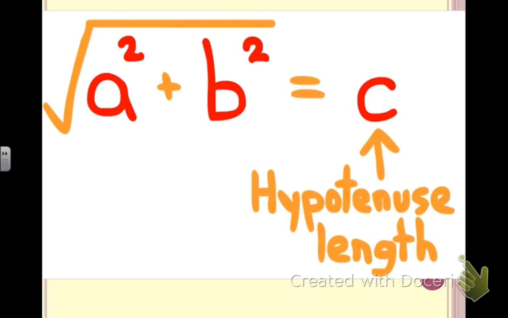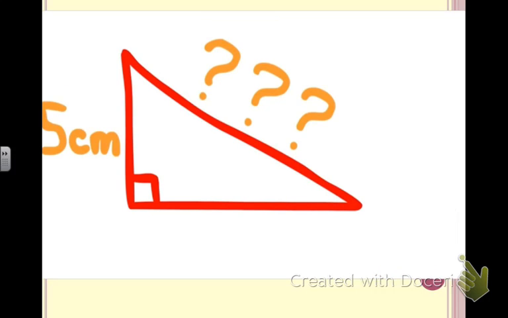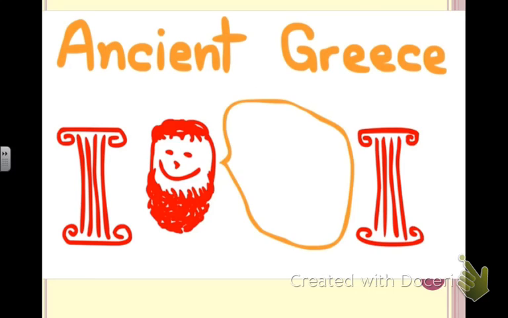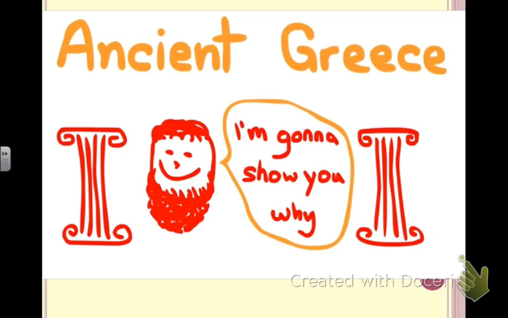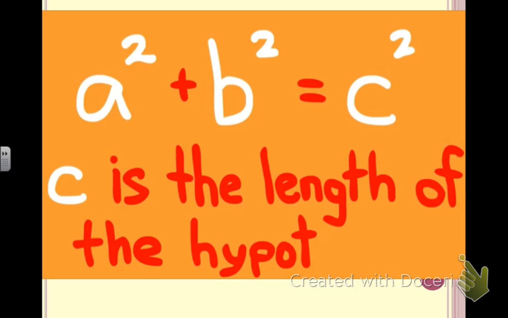How do you find the hypotenuse's length if you know the length of the two other sides? Let's take you back to old ancient Greece. Pythagoras is gonna show you why. A squared plus b squared equals c squared, where c is the length of the hypotenuse.